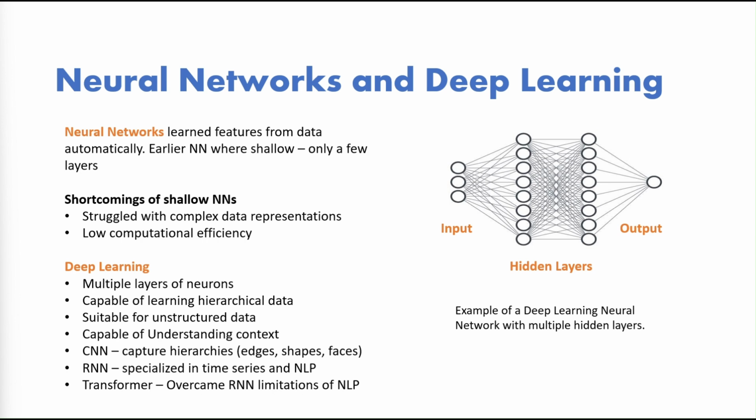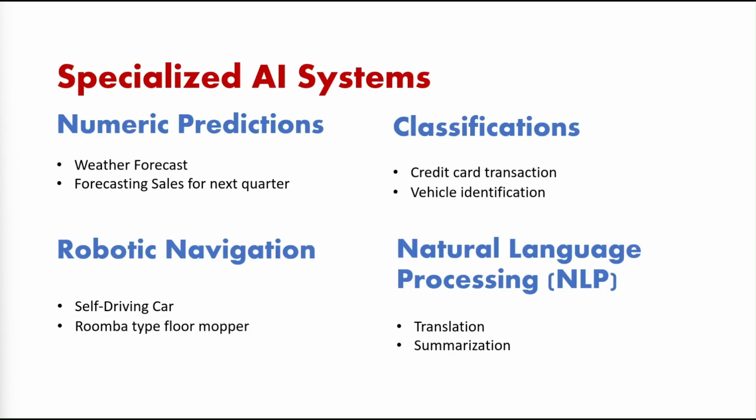Just as humans excel in different areas, math, sports, or music, AI systems specialize in specific tasks, each tailored for a purpose. The idea of an AI, called general AI, that could do everything like a human, is still years away. Here are some examples of specialized AI systems. Numeric predictions.